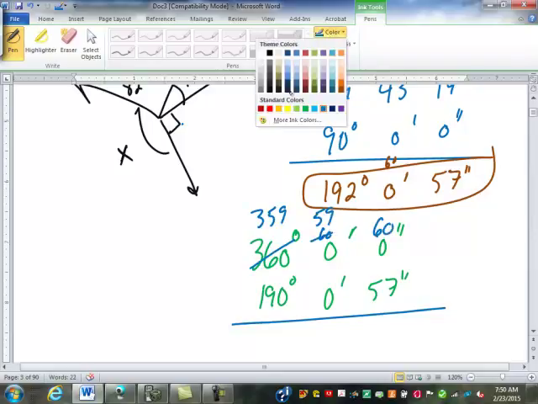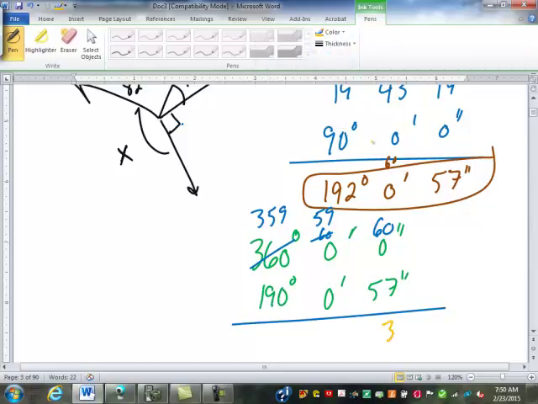And we subtract. This is 3, 59, and what's that? 167. Oh, this should be 92. There we go. That makes more sense.